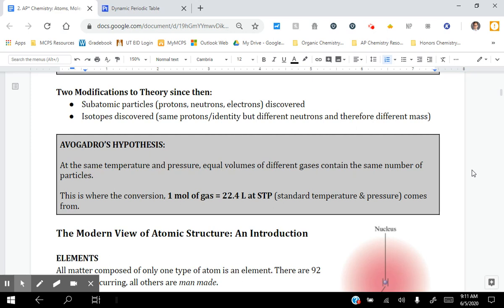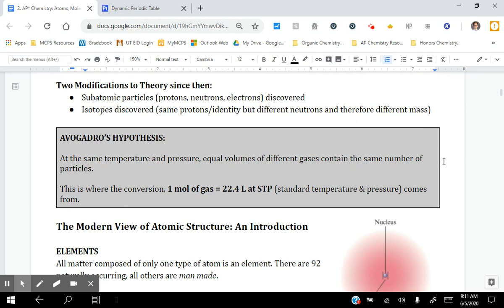But it's this idea that at the same temperature and pressure, equal volumes of different gases contain the same number of particles. That's where the conversion 1 mole of gas is equal to 22.4 liters at standard temperature and pressure comes from. That is something you will want to memorize, that conversion. It will be helpful for you later on. Again, I just threw it in here because it was related to the same experiments that were being conducted around the same time as Dalton.